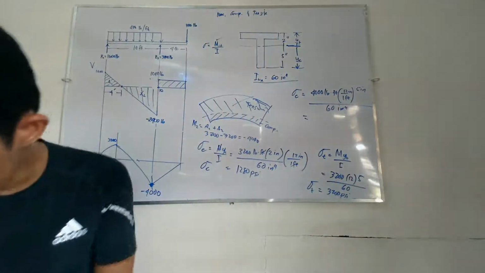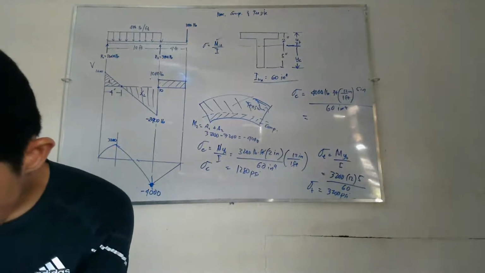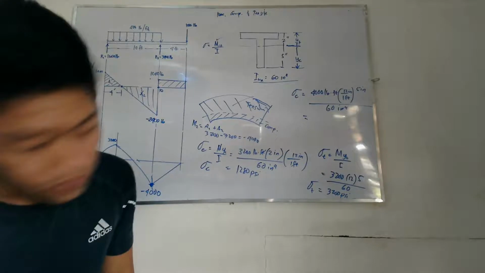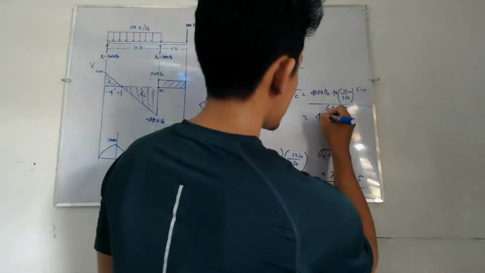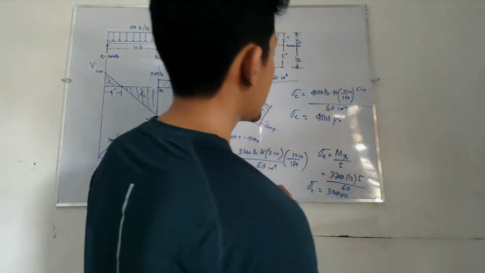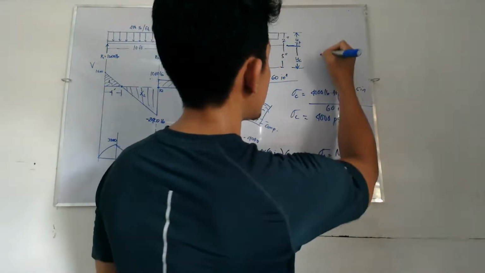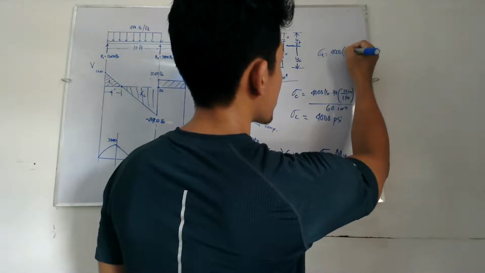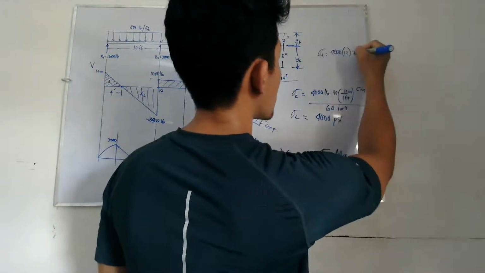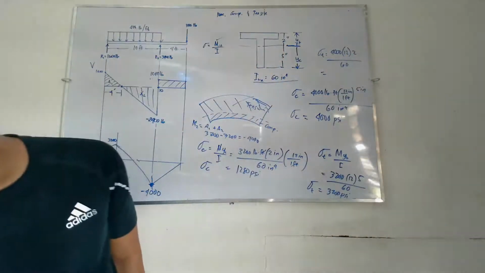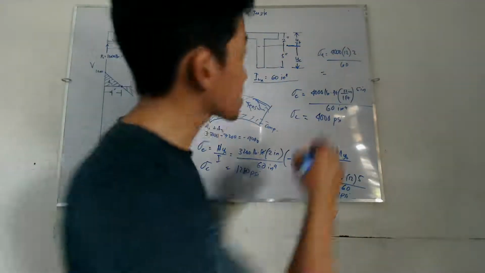Ano si answer na? 4,000 psi. Okay? And then tension, 4,000 times 12 times 2 over 60. Answer na would be 1,600.